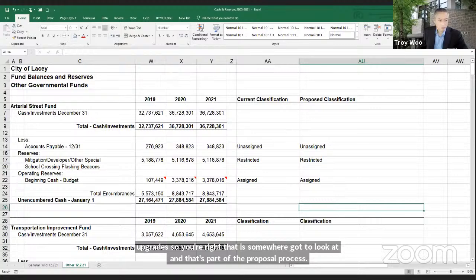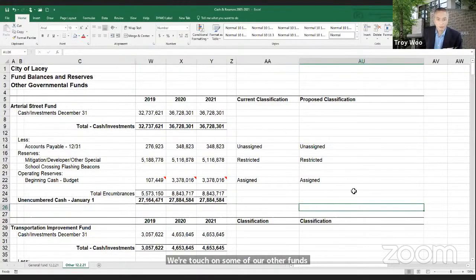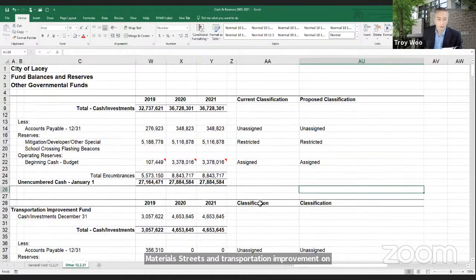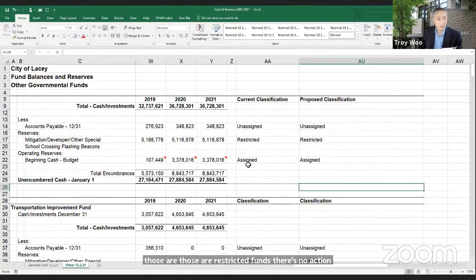We'll touch on some of our other funds. Not a lot of change in this area. Our trails, streets and transportation improvement funds are all restricted funds. There's no action needed of the council, but you could see the health of these funds.